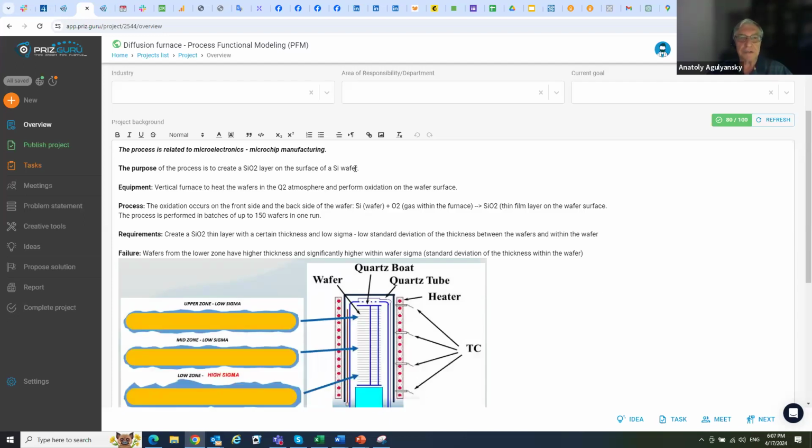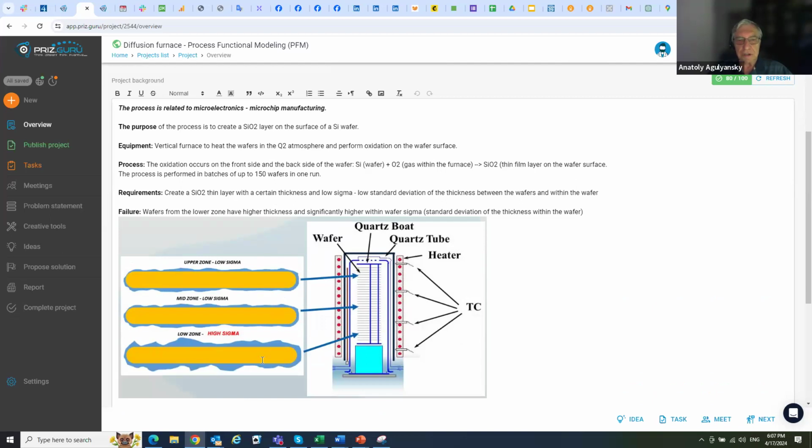We have silicon wafers, and we need to create a silicon oxide layer on the surface of the wafer. How is it done? Wafers are loaded into the boat, and the boat is loaded into the furnace, in an atmosphere of oxygen, where the concentration of oxygen is managed with the additive of nitrogen.